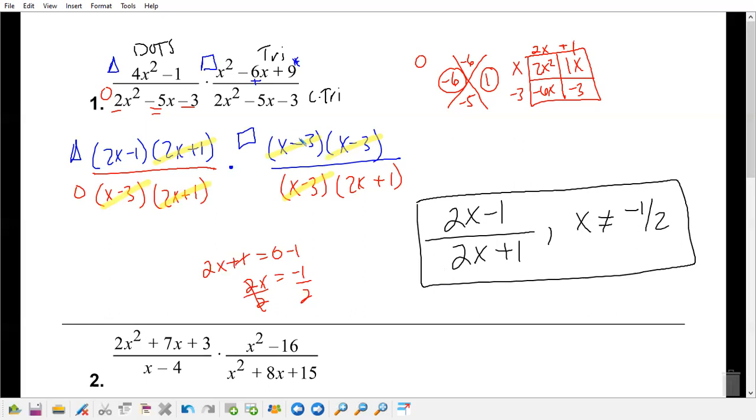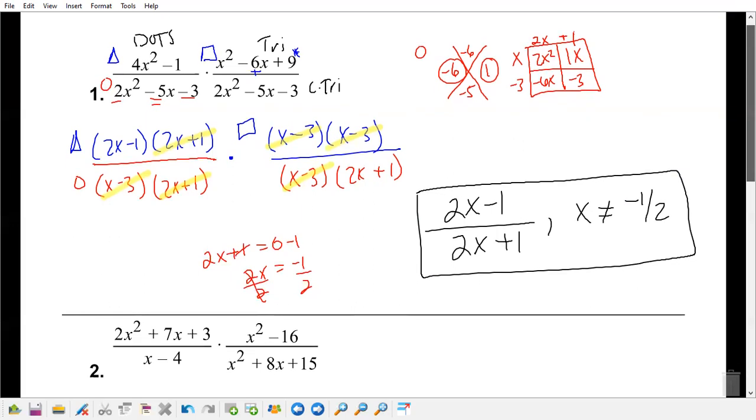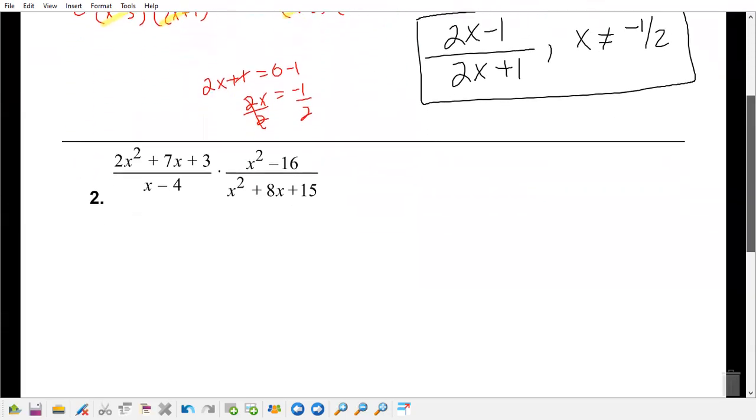As long as it's one in the numerator, one in the denominator, it doesn't matter which, it doesn't have to be right above and below. Terrible? Doable? All right, let's try another one.